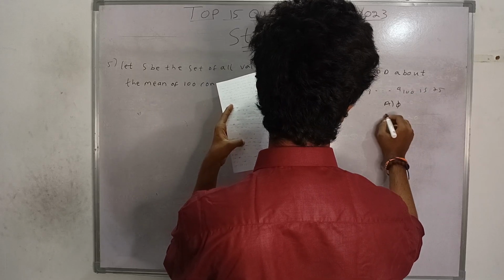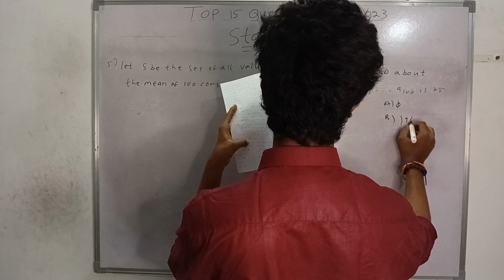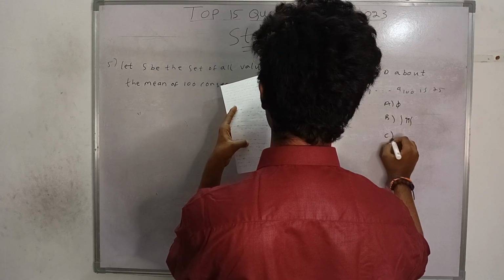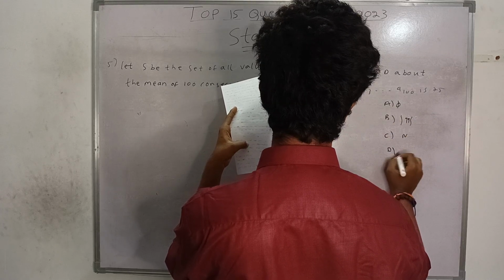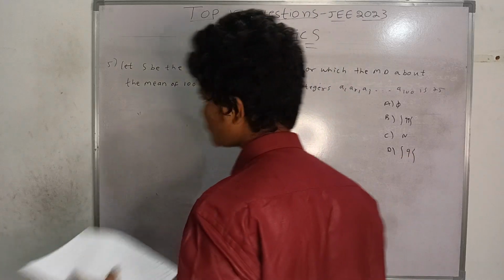The first option they are saying is 5. The second option is 99. The third option is natural numbers. The fourth option is simply 9.